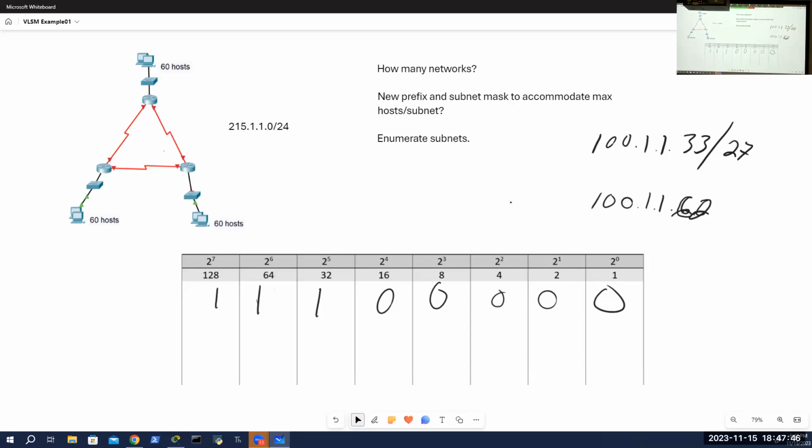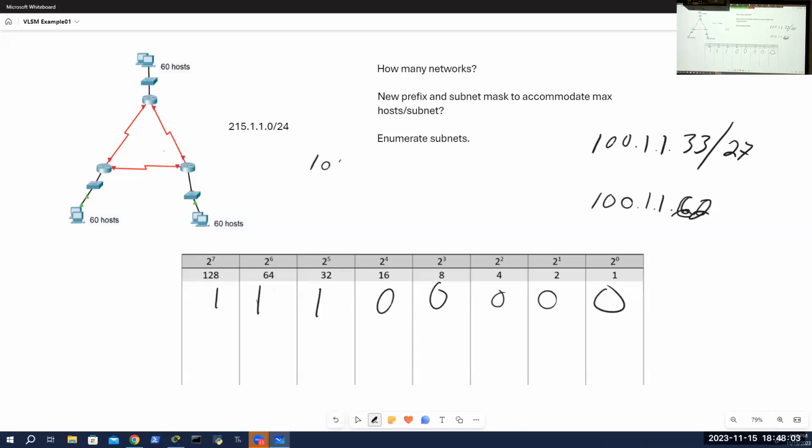And again, like I said, the computer does a binary AND on the subnet mask along with the IP address.